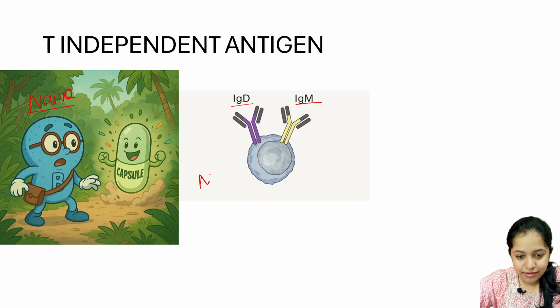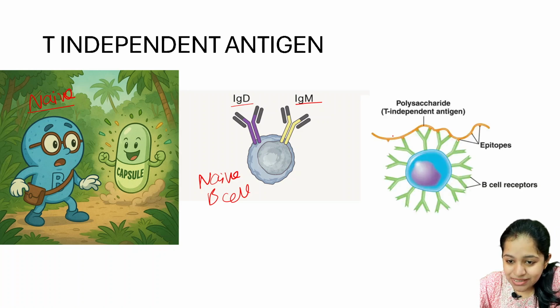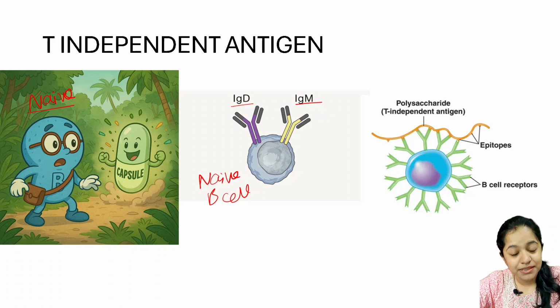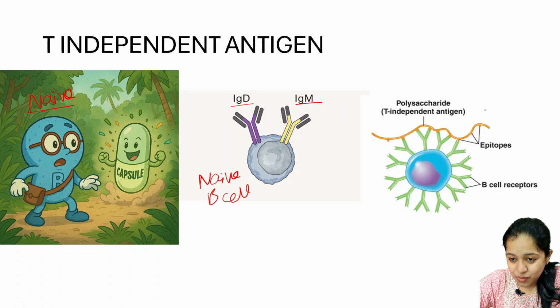This naive B cell. Now, this T-independent antigen, what it does is, it is cross-linking to this B cell receptor at once, to many B cell receptors at once. And this cross-linking is non-specific.